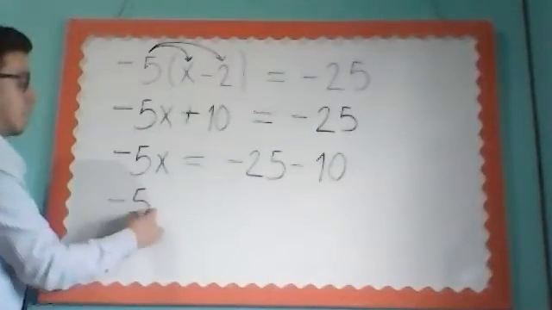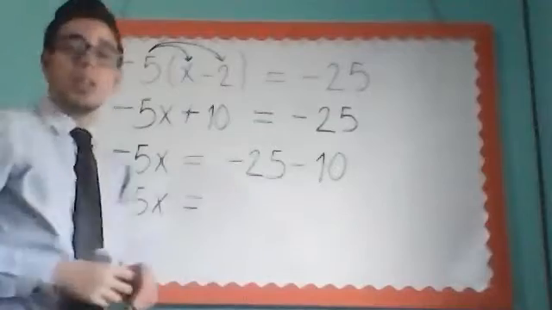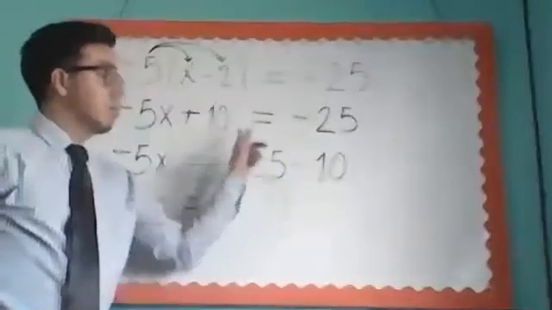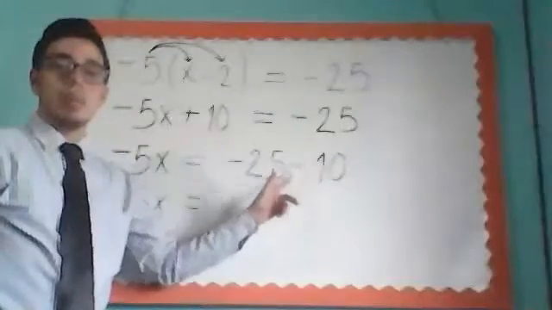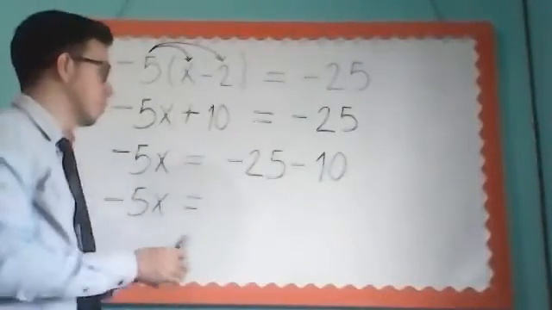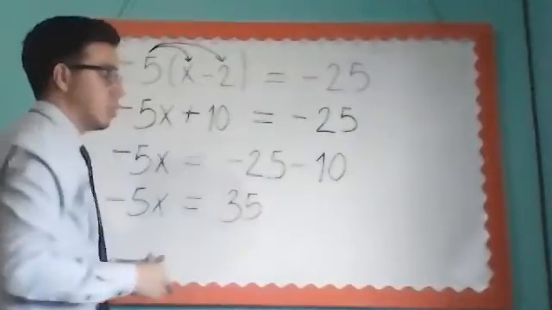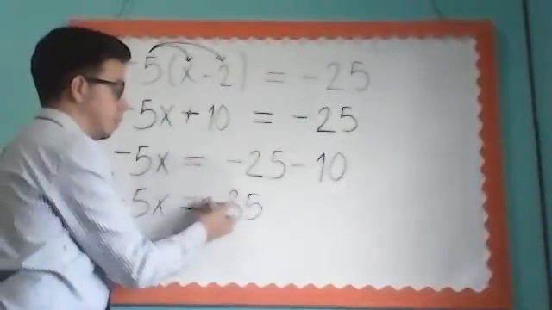Negative 5x equal negative 35. Remember, we add the negative numbers. Negative 25 plus negative 10 is negative 35. Remember, both are negatives, so it's an addition. We add the numbers and at the end we write the negative.